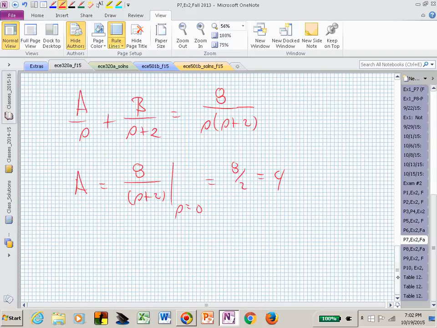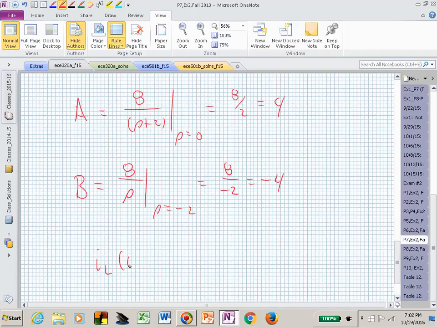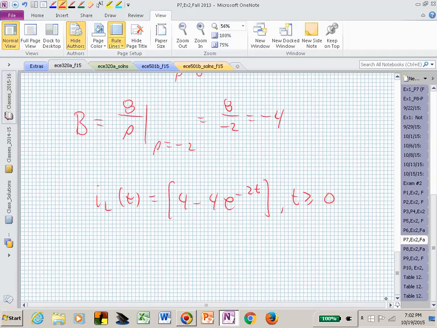And B, multiply both sides by s plus 2 and evaluate at s equal to minus 2. Boy, it must be getting late in the day. And there is my I sub L of t. It's now 4 minus 4 e to the minus 2t, or I could hit that whole square bracketed piece with u of t. Yes?